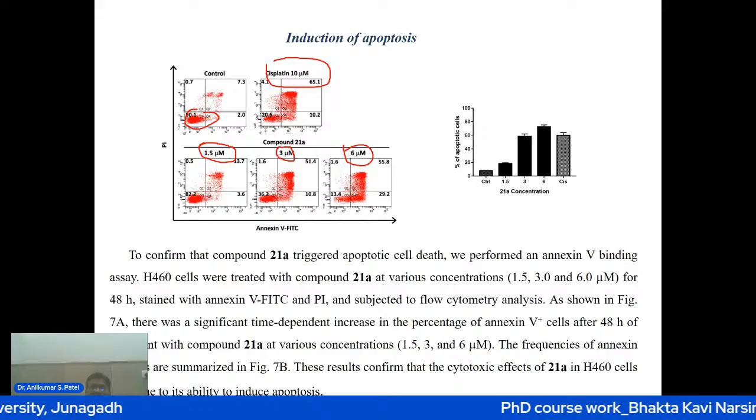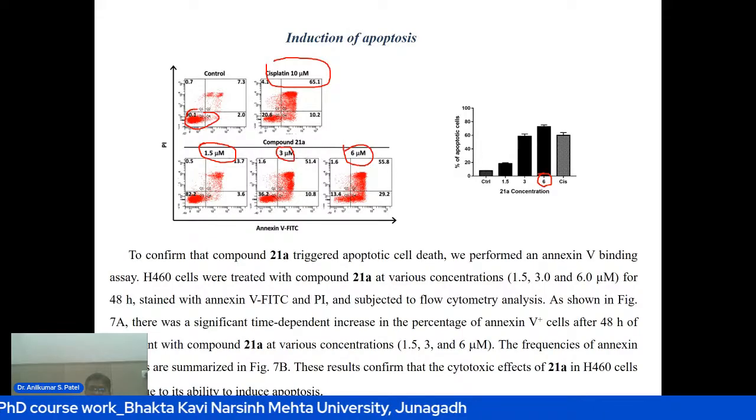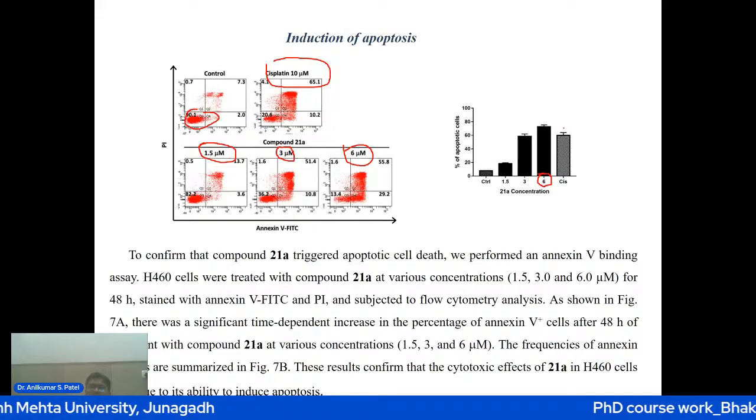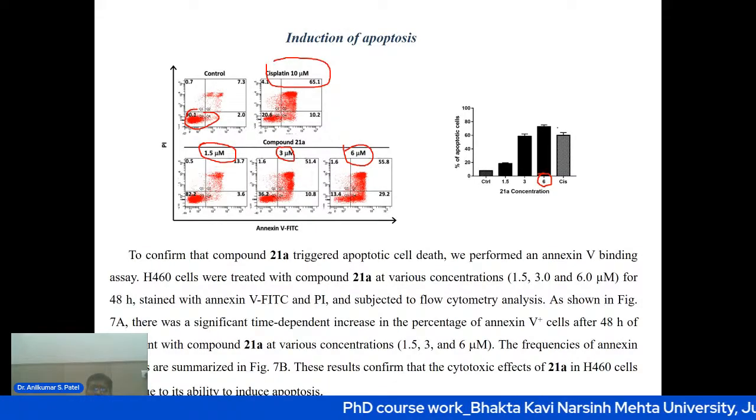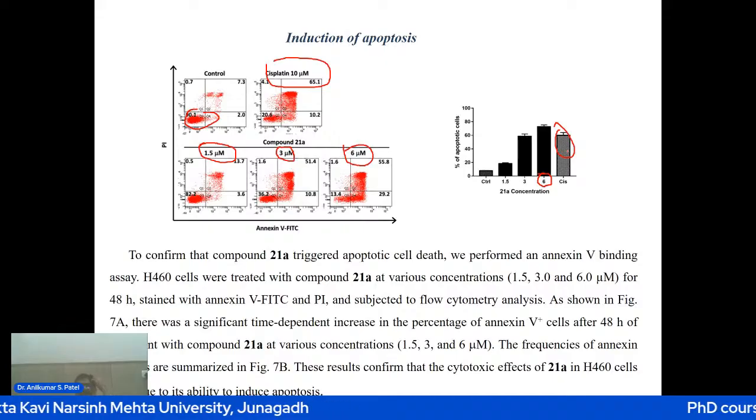We summarized the frequency in figure B, where we can see that the 6 micromolar concentration of compound 20A gives an apoptotic cell percentage more than cisplatin. So it is confirmed that compound 20A triggers apoptotic cell death by this apoptosis analysis.